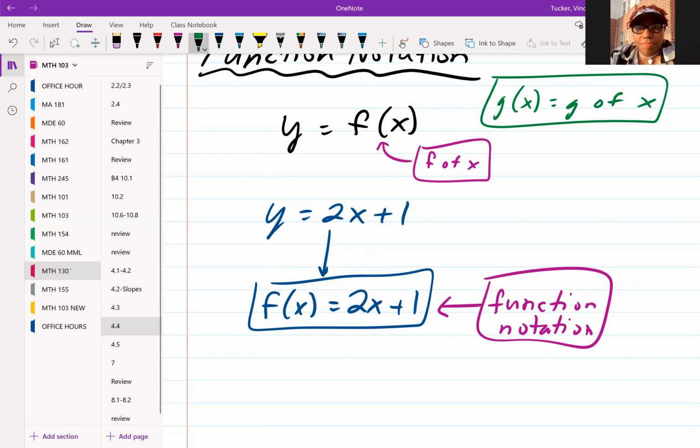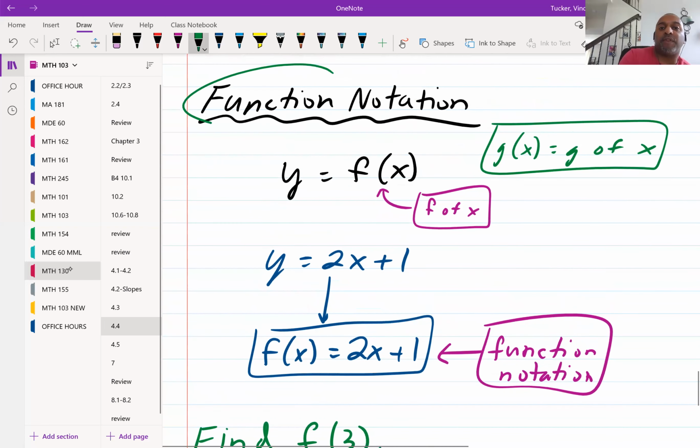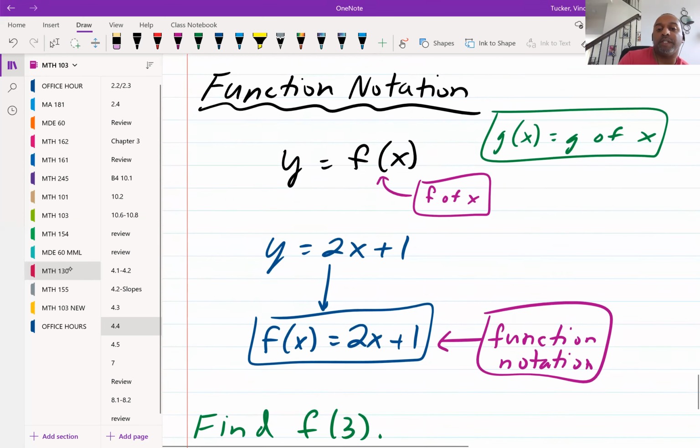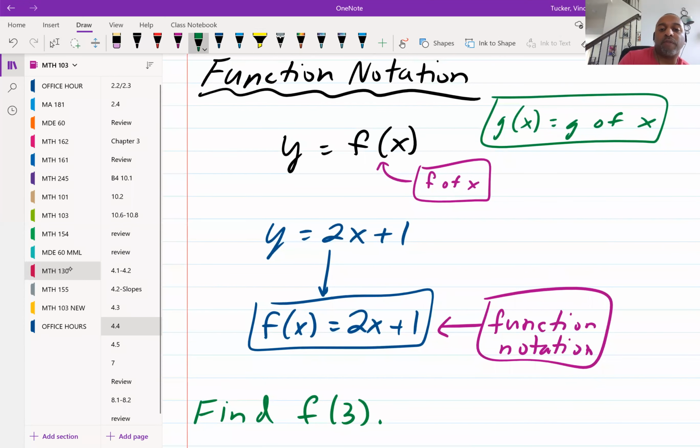So f of x equals 2x plus 1 is writing it in function notation. If you want to write your equation in function notation, that's how you would write it.